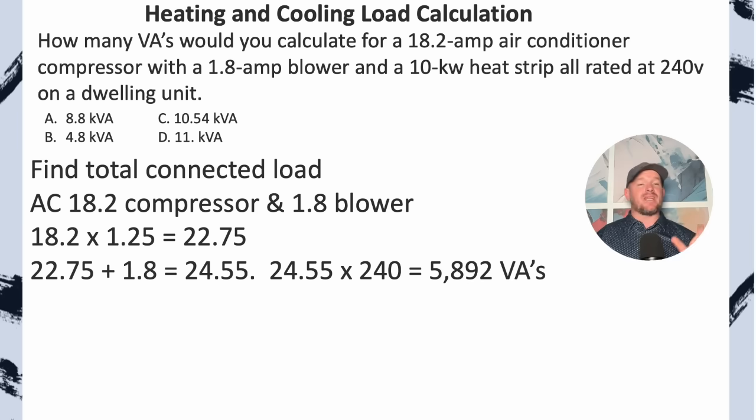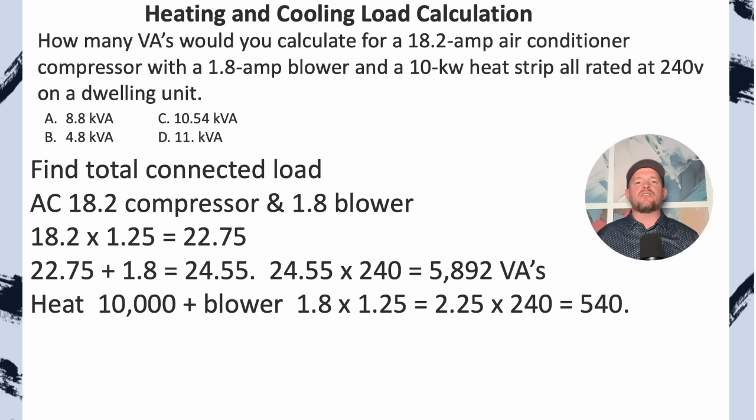Now all we have to do is take that 22.75, add it to our 1.8 amp blower motor, and we end up with 24.55 amps. Then to convert that over to VAs or over to watts, either one, we would take our 24.55, multiply it by our voltage, and that gives us a total VA count of 5,892 VAs.